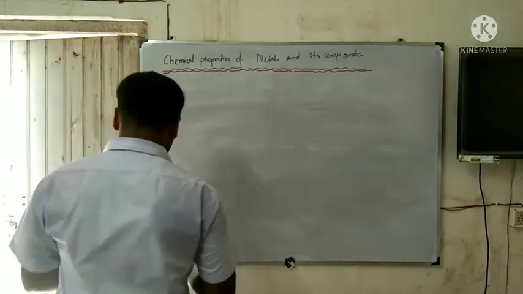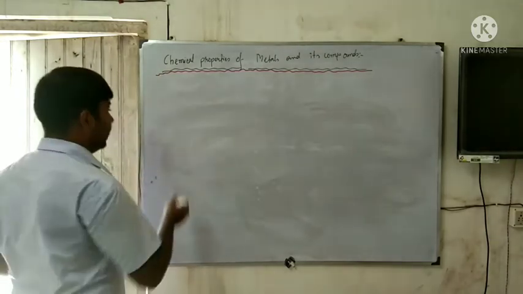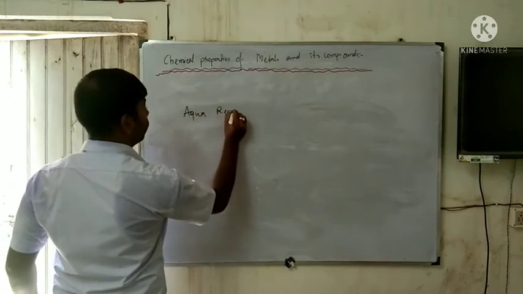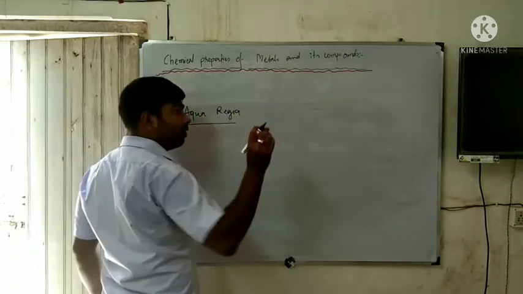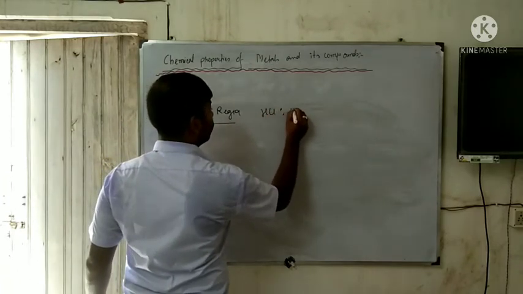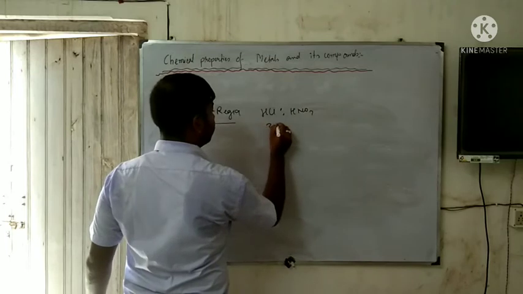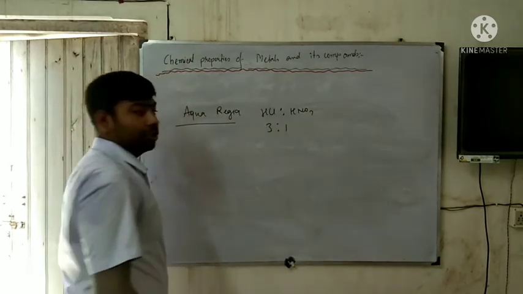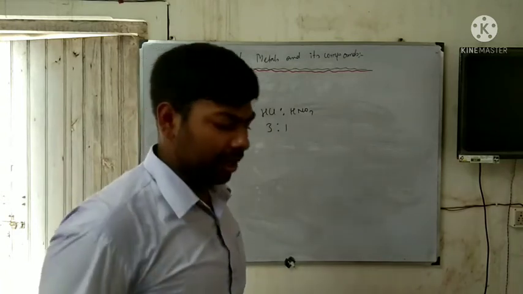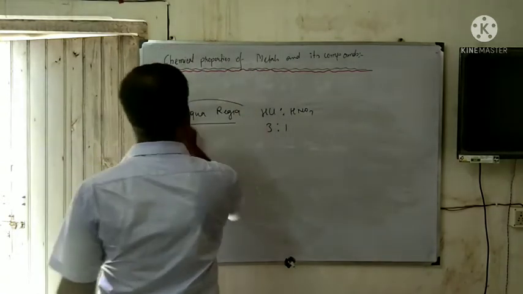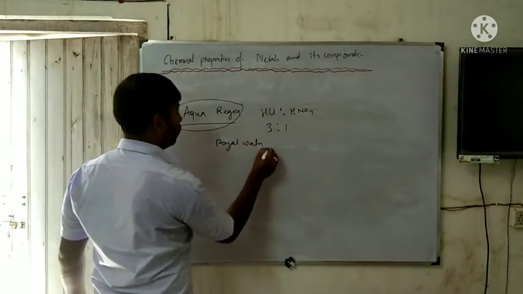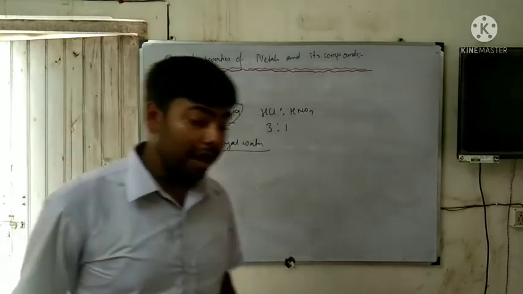So aqua regia is the mixture of hydrochloric acid and nitric acid, with hydrochloric acid to nitric acid in a 3:1 ratio. That means 3 parts are hydrochloric acid, 1 part is nitric acid. This acid is known as royal water.